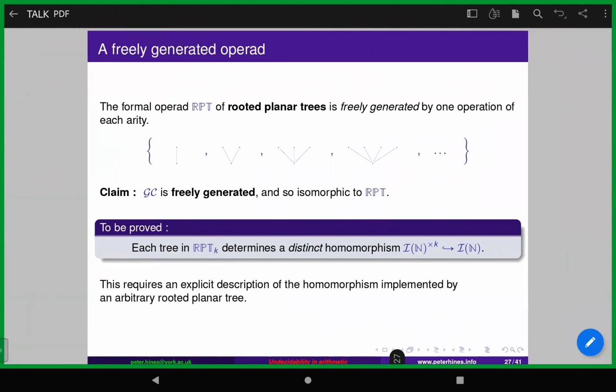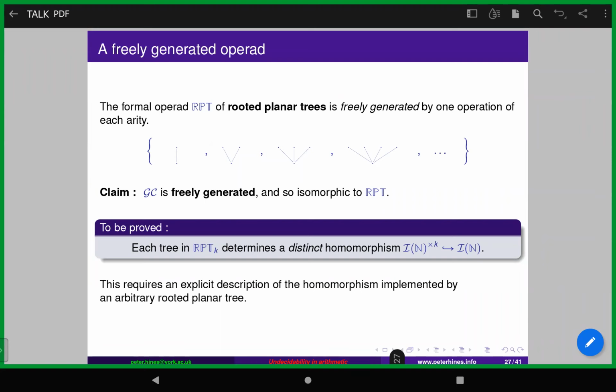Well, if distinct trees determine distinct homomorphisms, we've got a notion of freeness. It's a big thing in the theory of operads, which is simply the formal operad of rooted planar trees. If we freely generate using one operation of each arity, so one tree with a certain number of leaves, we get a freely generated structure.